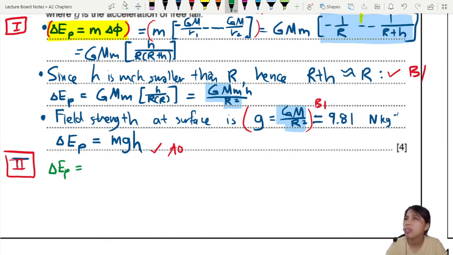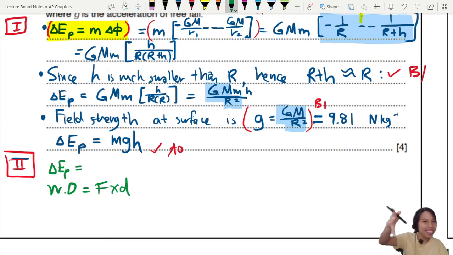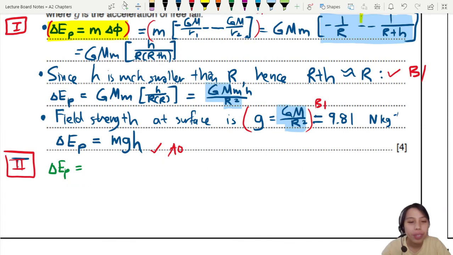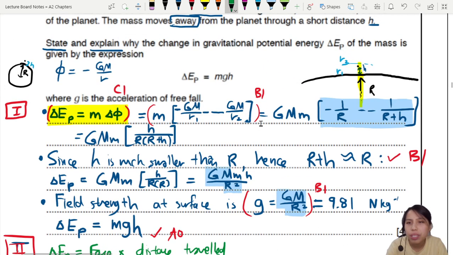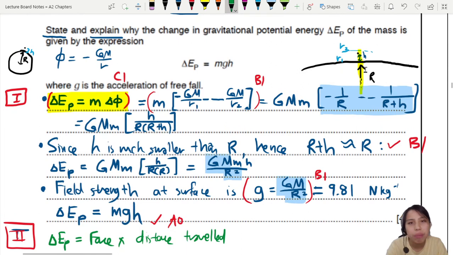This is change in energy, right? Work done in AS, we know, is force times distance traveled, right? Can we use that here? Can. So here we have to say it's a certain force times a certain distance traveled. What's the force pulling on our mass? Gravitational force, so this is Fg. But at the surface of the Earth, it's just mg.